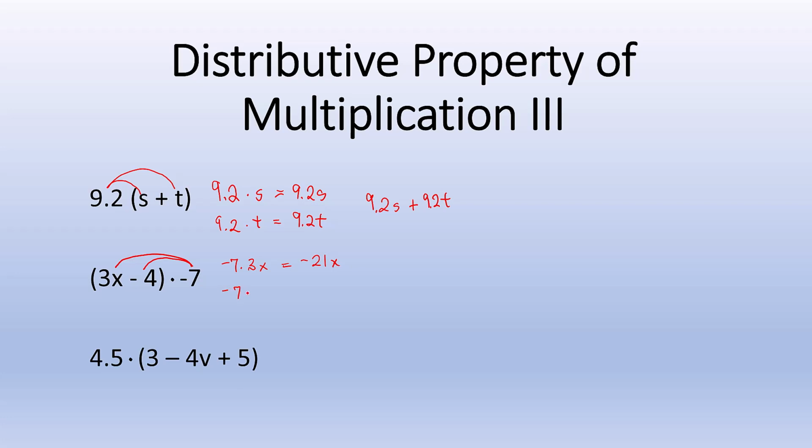Negative 7 times negative 4 will equal positive 28. Remember that a negative times a negative will give us a positive. So our final answer will be negative 21x plus 28.